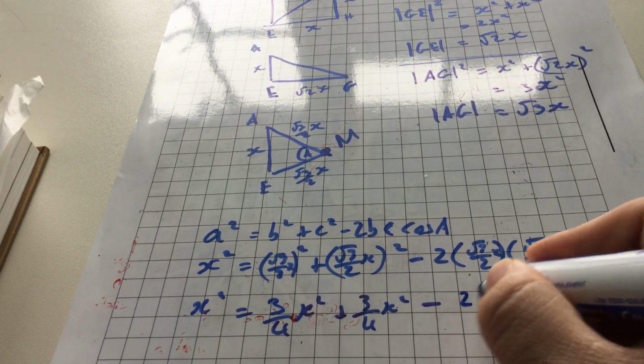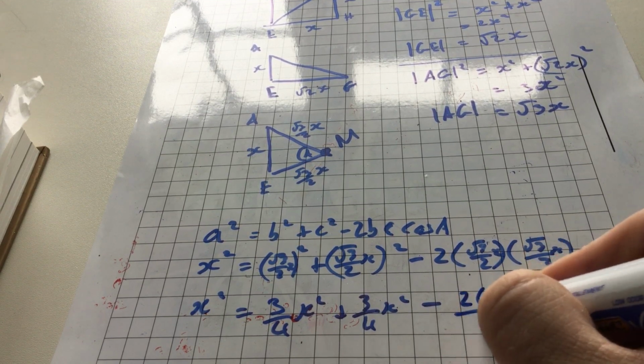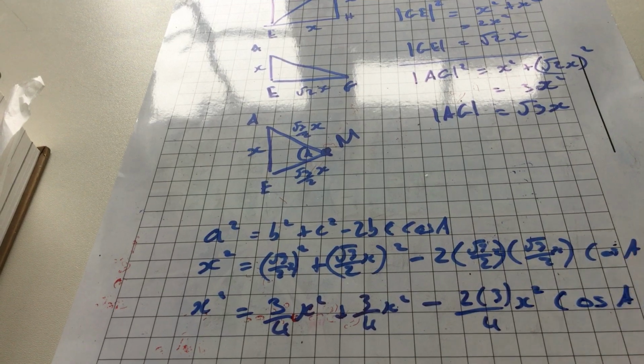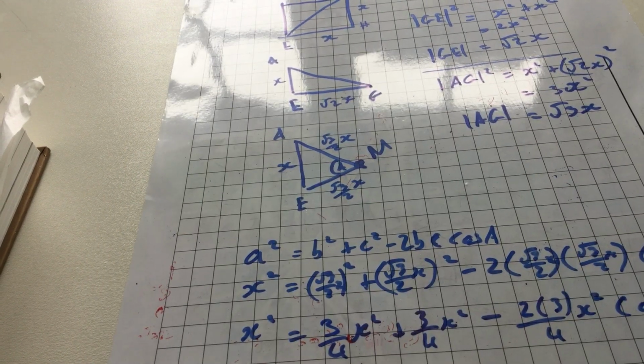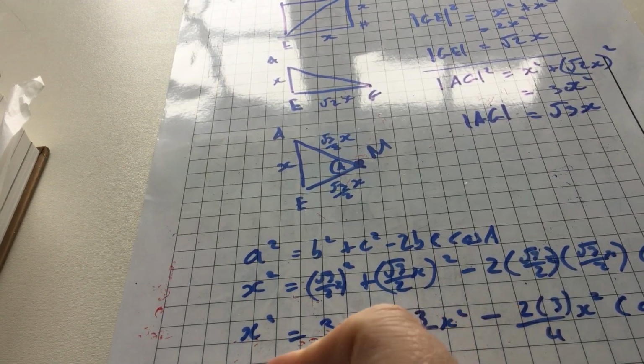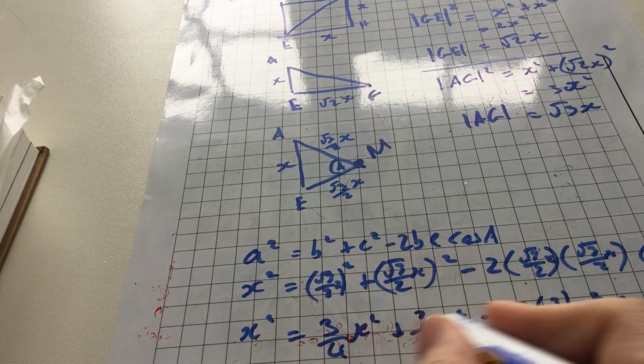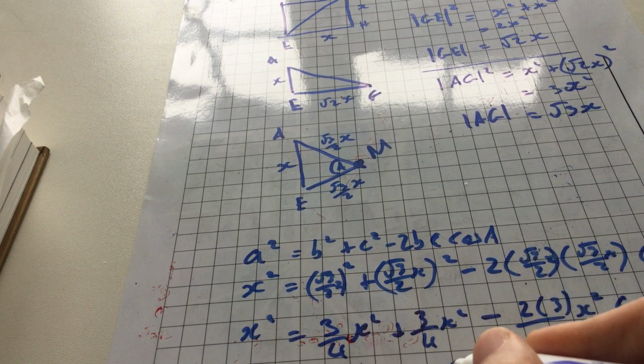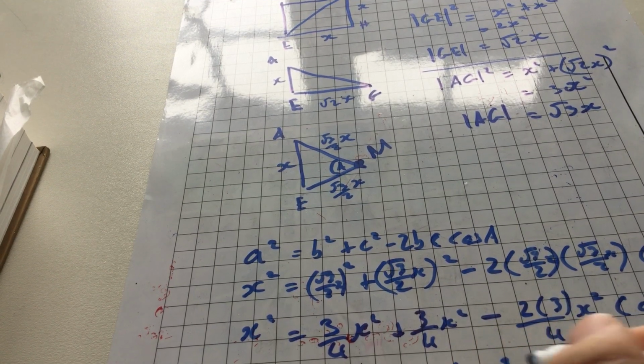So we get 2 by 3 over 4 x squared cosine A. Okay, x squared equals, add these together, I now have 6 over 4 x squared minus 6 over 4 x squared cosine A.